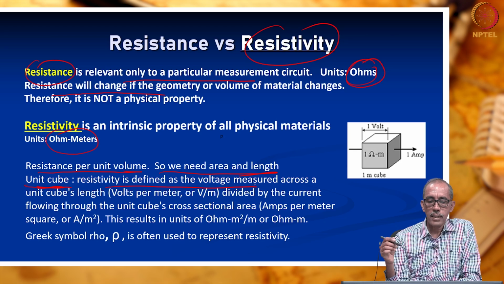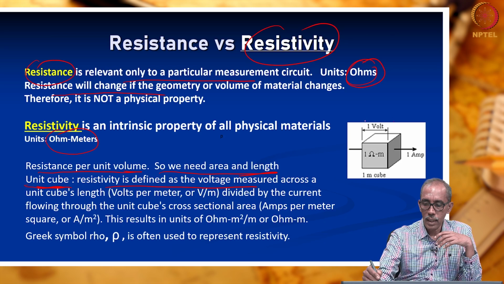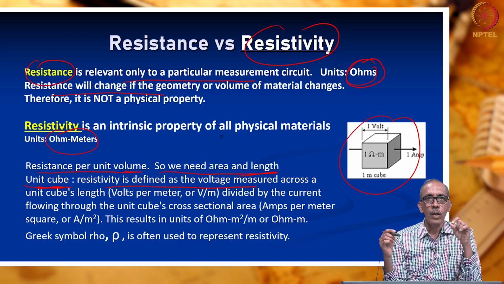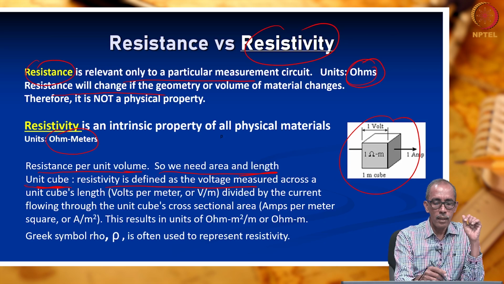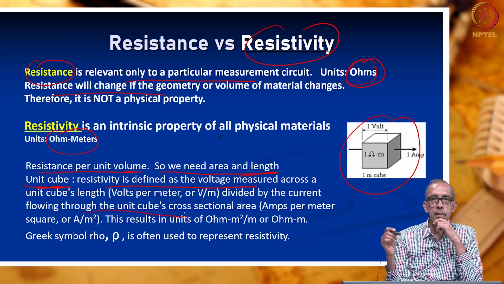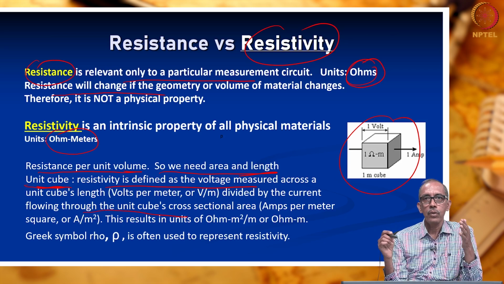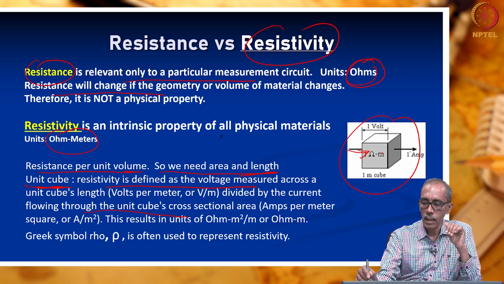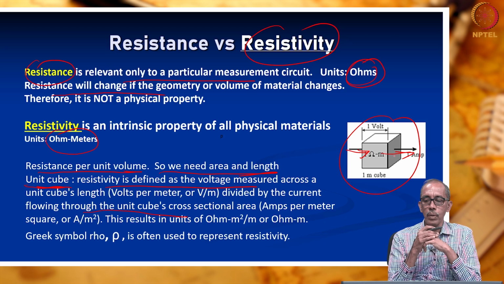Resistivity is defined as the voltage measured across a unit cube's length, as you can see in this picture, divided by the current flowing through the unit's cross-sectional area, which means we are referring to amps per meter square. So here is the elemental cube. If the current is passed through this, the current flows through this elemental cube.